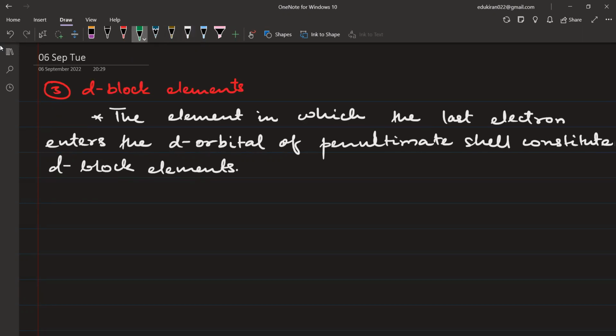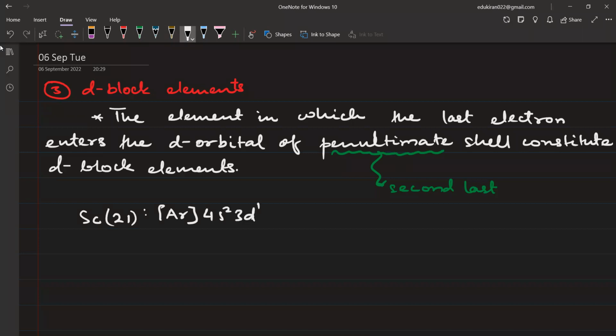Okay, so you must be wondering what is this penultimate? Penultimate means second last. So if you remember, if I start with let us say scandium Sc, this is 21, it will be argon 4s2 3d1.